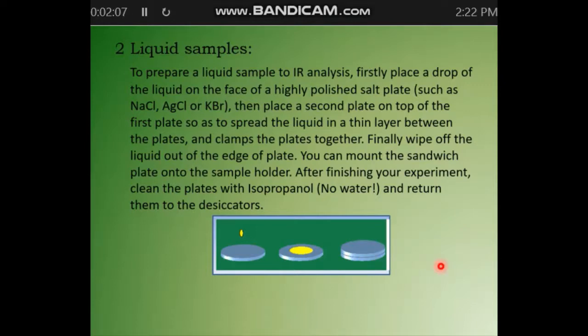This method is not useful for volatile liquids because the liquid might evaporate while the spectrum is being obtained. And this method is also not recommended for any toxic or smelly liquids.